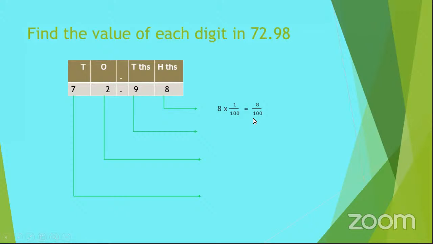How do we write it as a decimal? We write 0 point. Now you look for the digits after the decimal point. Check how many zeros your denominator has. Your denominator has 2 zeros, which means it will have 2 digits when you write the decimal number. So we write 0.08 as our decimal number.